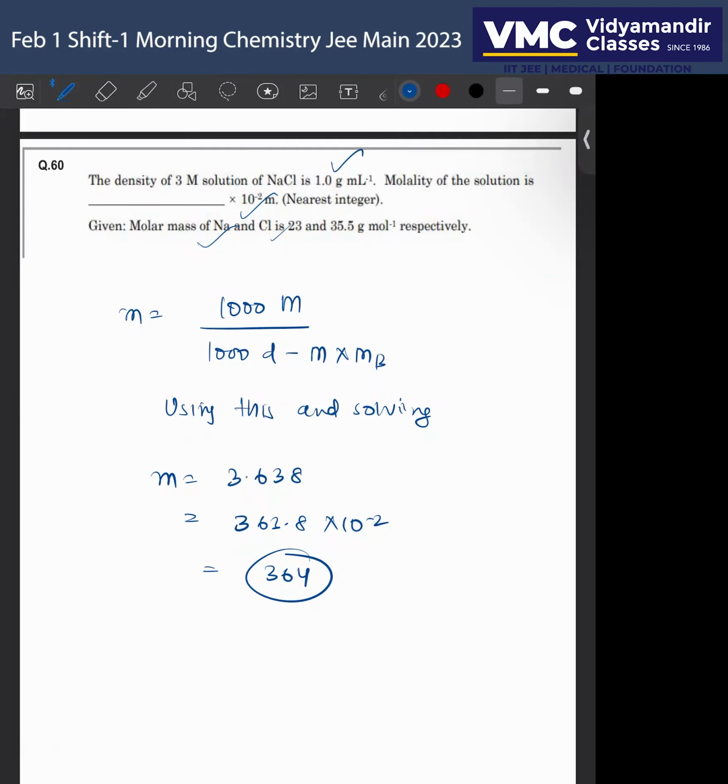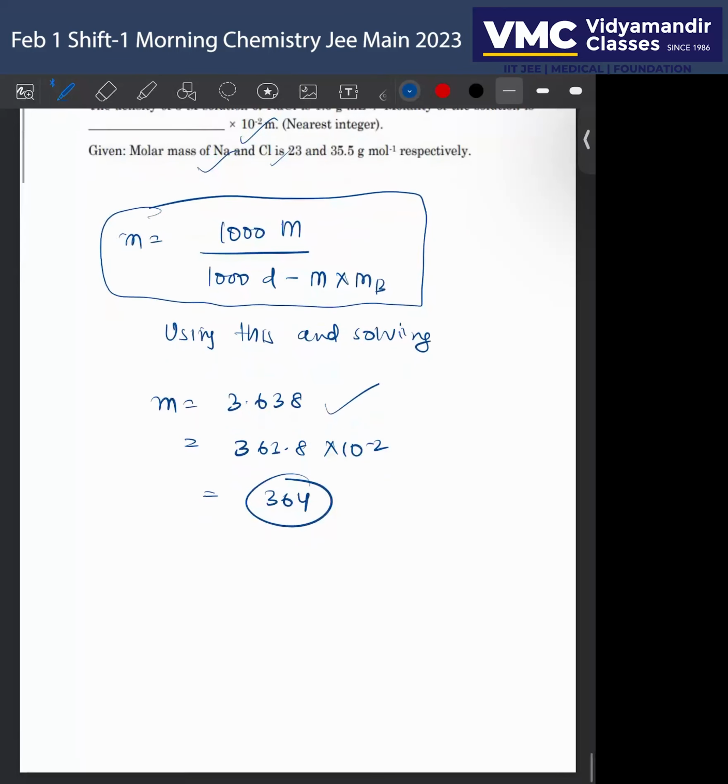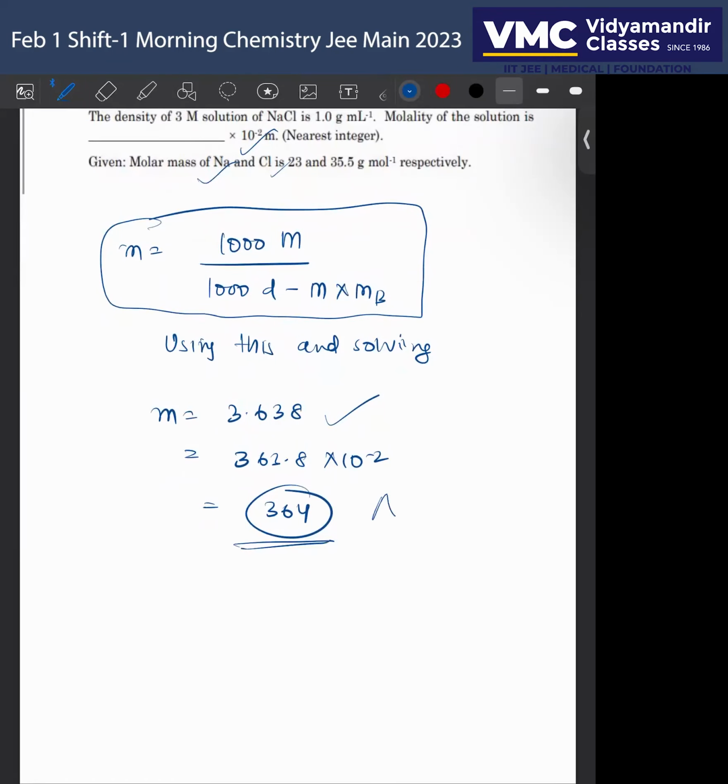Applying this and calculating, the molality comes out to be 3.638. It is asked in terms of 10 to the power minus 2, so I will form it in the same manner. I'll get my answer as 364 nearest integer. So this is my correct answer.